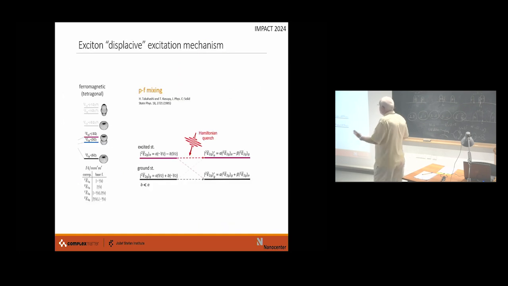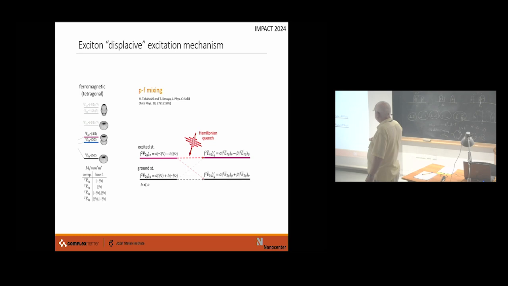So how can we displacively excite such an electronic state? Basically, because these two states are actually a linear combination of 5-half and minus 3-half, with the ground state strongly weighted.